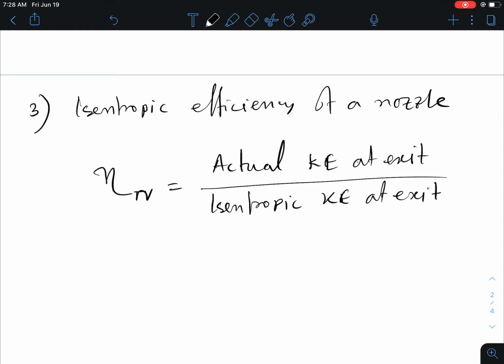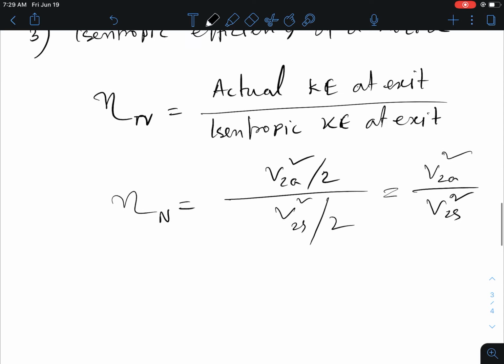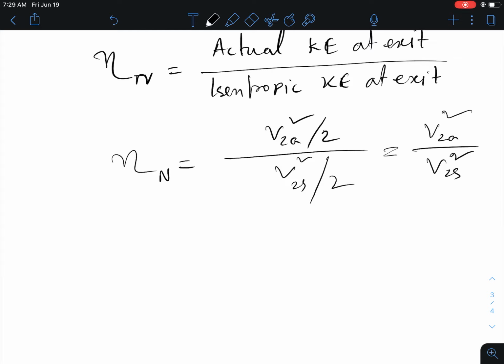The kinetic energy expression we know is V squared divided by 2, but in actual it will be V2A squared divided by 2, and V2S squared divided by 2. So this 2 will be omitted, so it becomes V2A squared divided by V2S squared. So that's the isentropic efficiency for a nozzle, if it is at steady state condition, right?